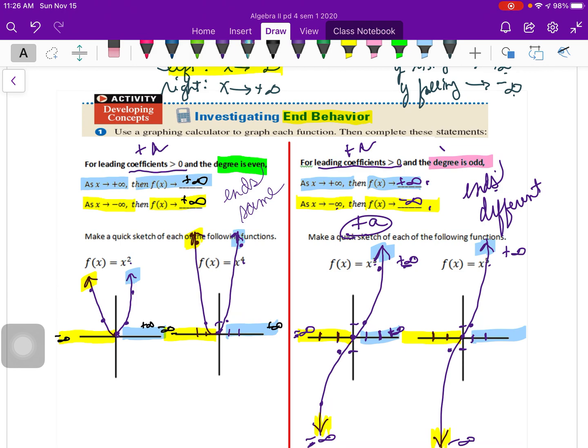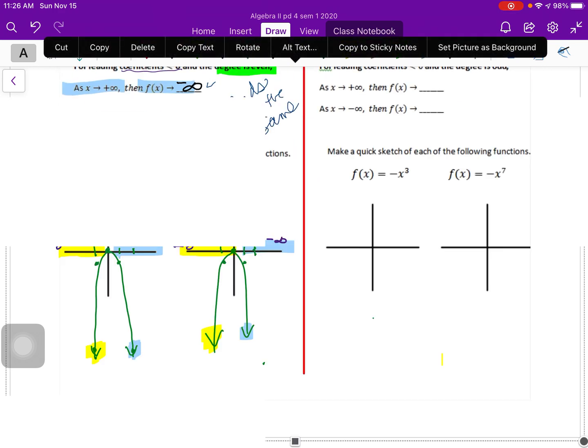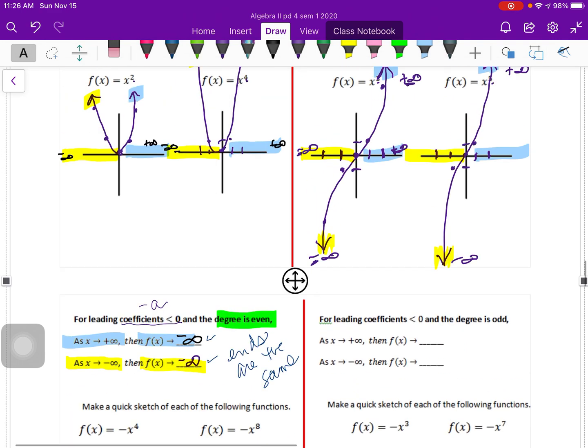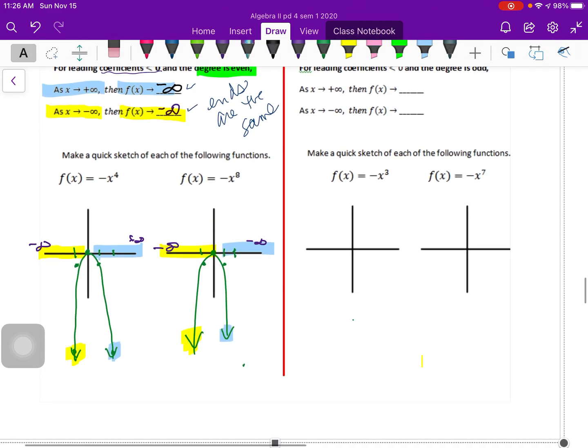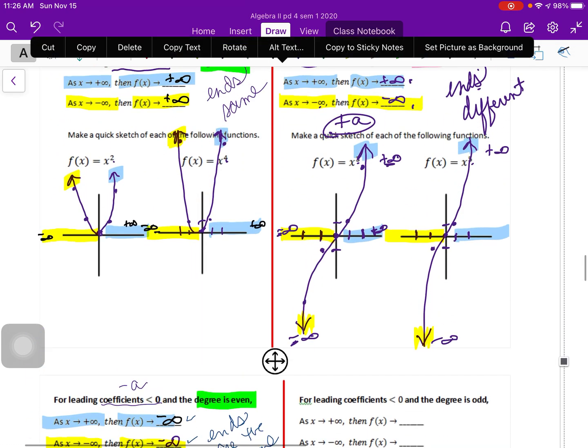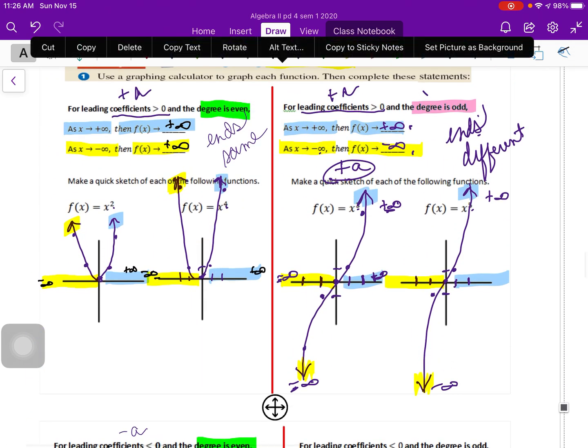So just like over here, when I had a positive a, these were my graphs in the even. When I had a negative a, it just flipped my graphs. Do you see that? Flipped them down. So the same thing is going to happen when I have a negative odd degree.